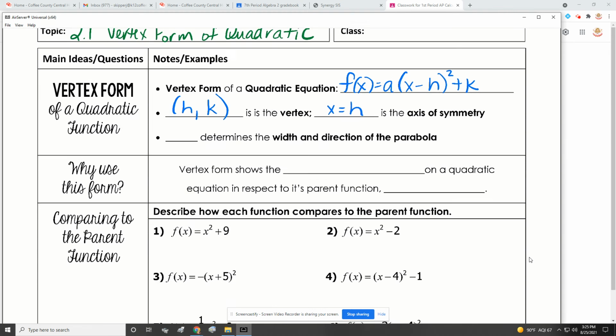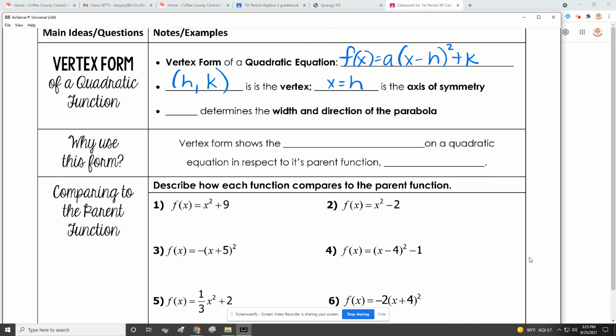And then a is going to determine the width of your parabola, and the direction of opening, whether it opens upward or downward. Now, one thing that's just a quick review, because we just tested over it, is the transformations.